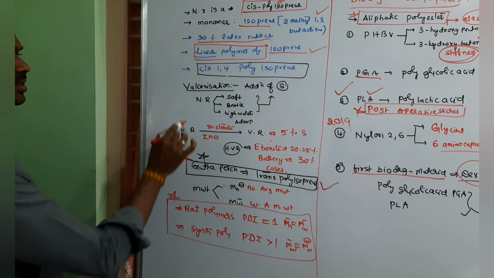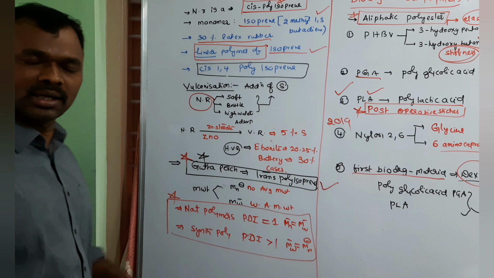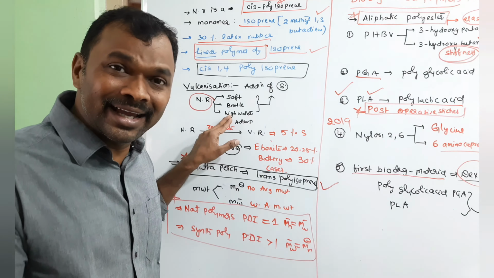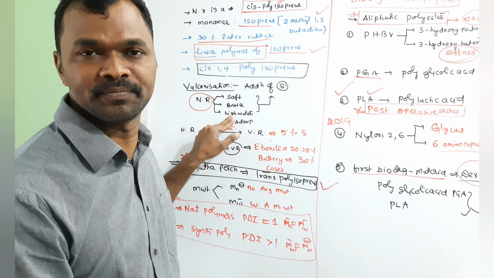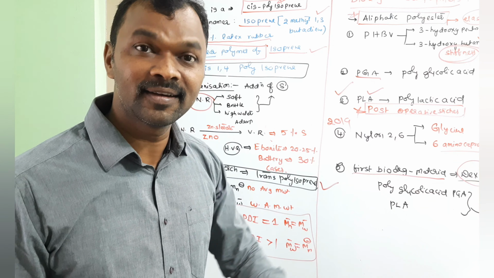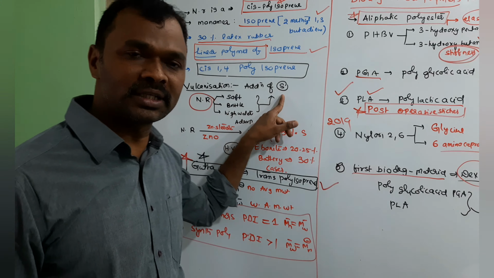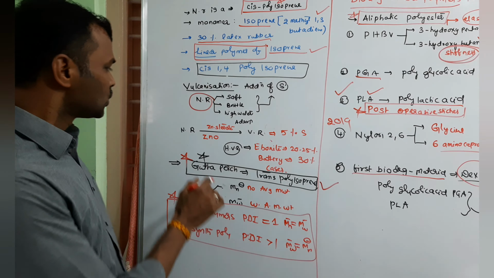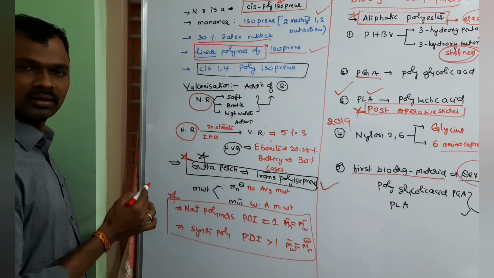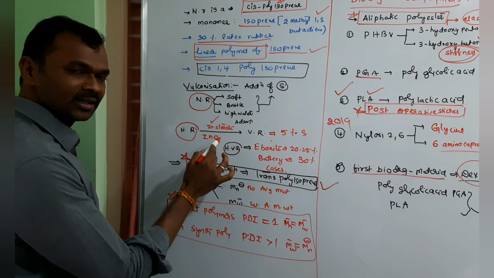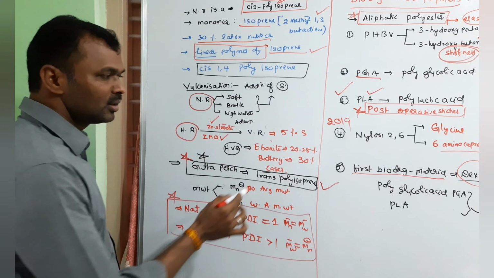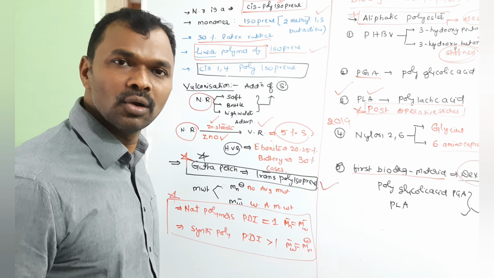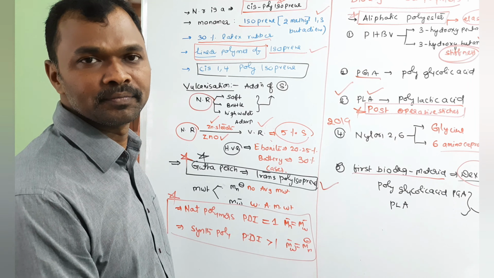Natural rubber is soft, brittle, and it has high water absorption capacity. To prevent that, we are adding sulfur. That addition of sulfur we are calling vulcanization. So to the natural rubber, in presence of zinc stearate and zinc oxide, if you add 5% of sulfur, that process we are calling vulcanization of rubber.